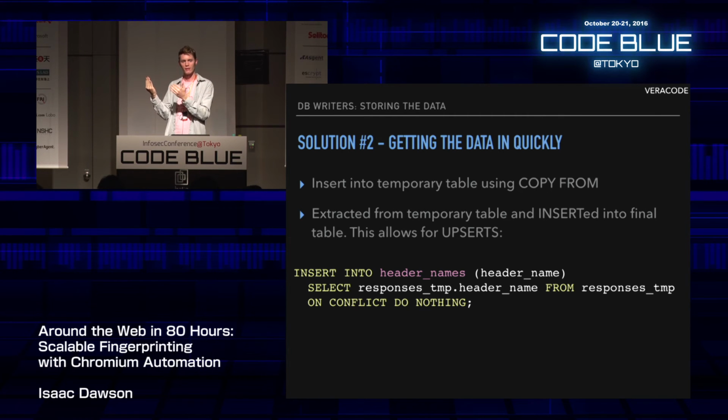If I did not have upsert support, when I tried to write to that, it would basically have a unique constraint violation, which means that my transaction would fail, and I would not be able to write the other 99 headers that I needed into that table. So by having this on conflict do nothing, it would say, okay, this header name's already there, but you're not going to do anything about it, so just insert the other 99. So upserts are very key for this type of work.